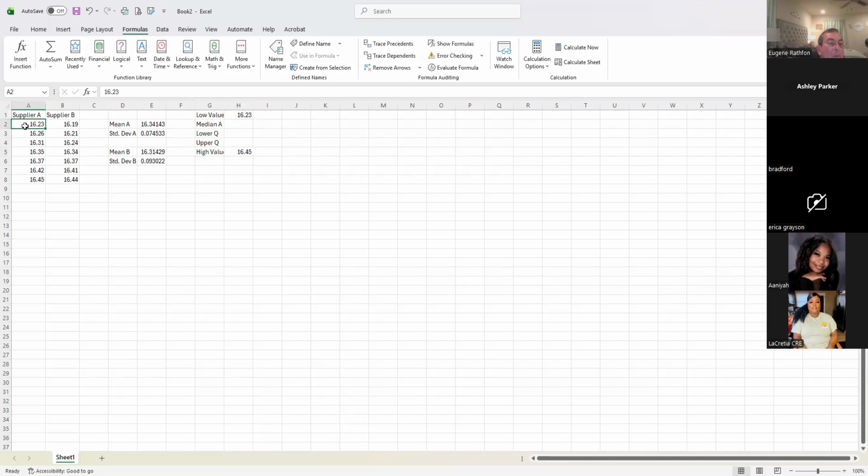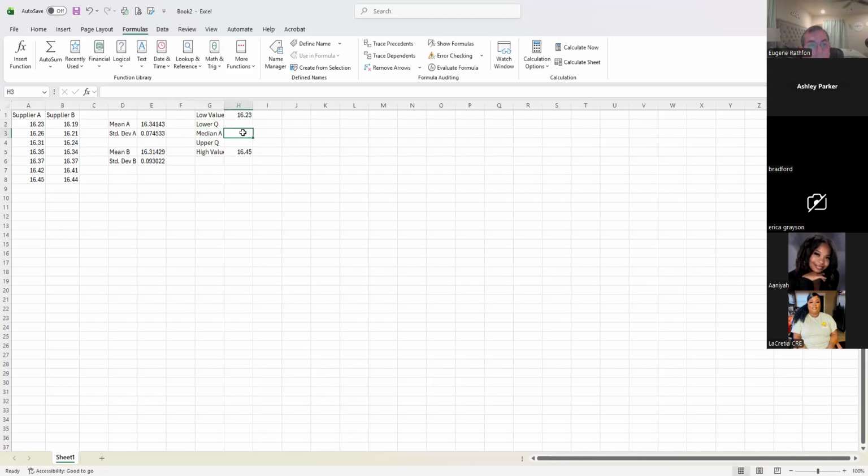So y'all, I'm just going from over here on my list to find those. So the median, and y'all let me put these into order like they'll show on the box plot. Let me put the median in the middle, and then put that lower quartile above it. All right, so I'm going to get the median first.